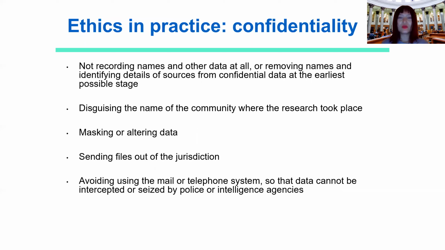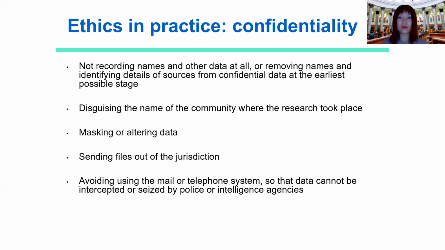A commonly used way to keep confidentiality is to anonymize the name of the participant. Anonymizing is that we could use a code. For example, if you're doing interviews, you could say interviewee A, interviewee B, interviewee C, and so on. That is one way to anonymize the name of your participant.